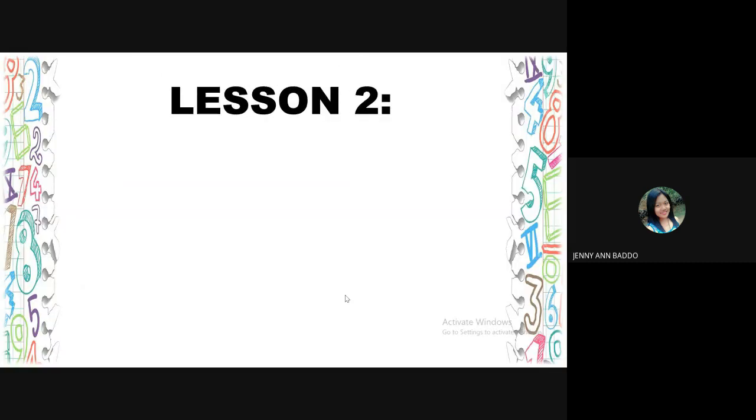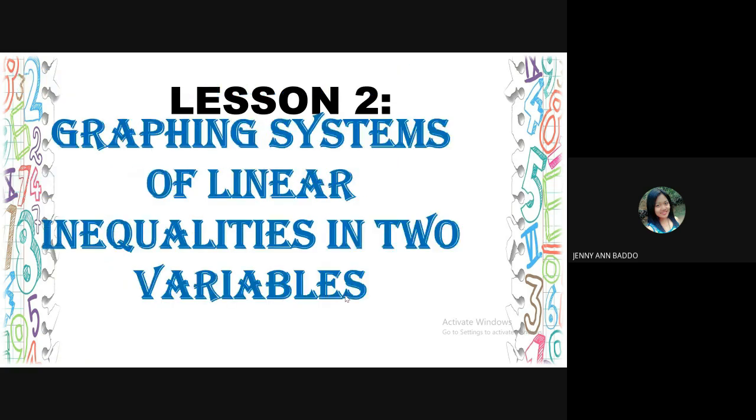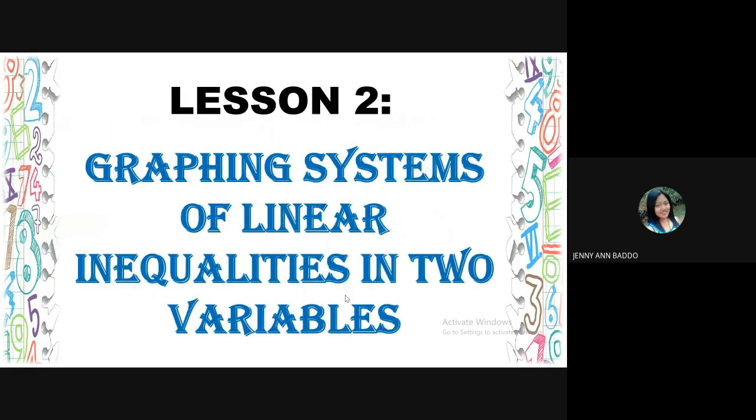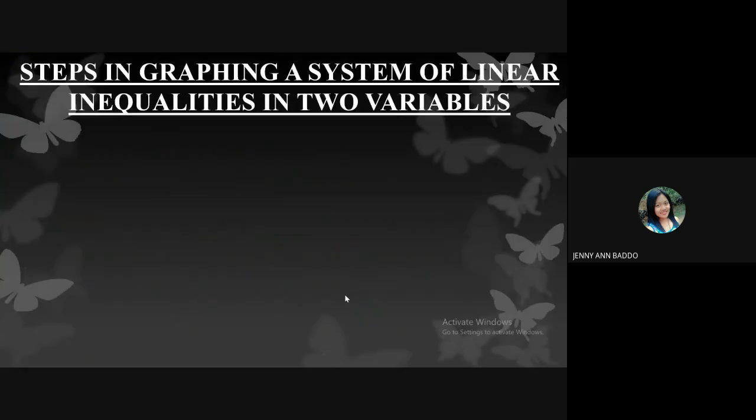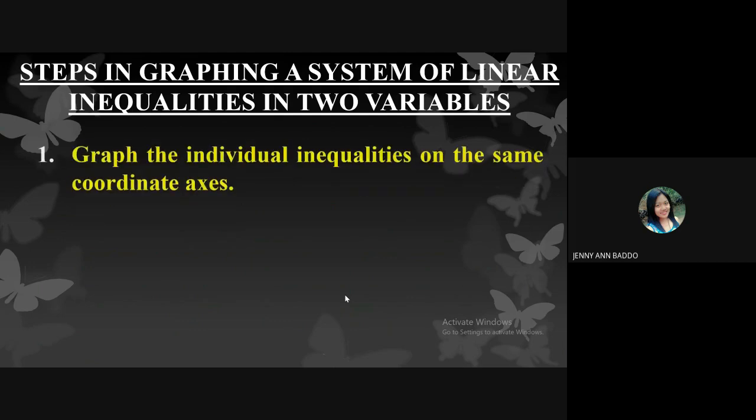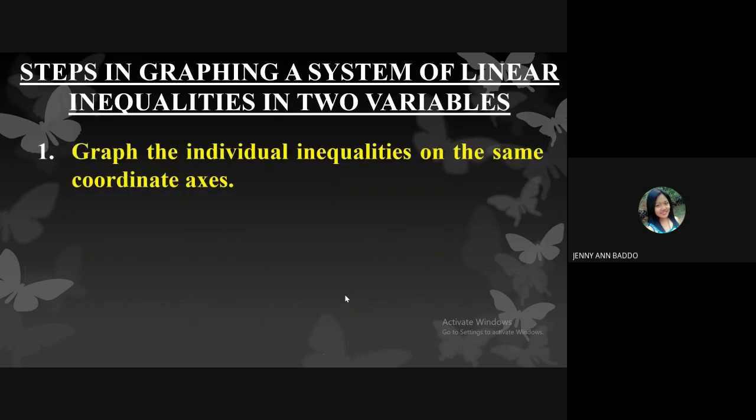We now have lesson 2, graphing systems of linear inequalities in two variables. So to graph a system of linear inequalities in two variables, remember the following steps. First, graph the individual inequalities on the same coordinate axis.